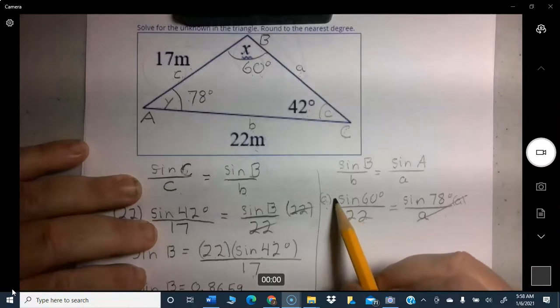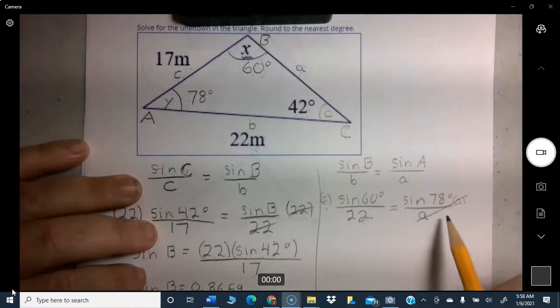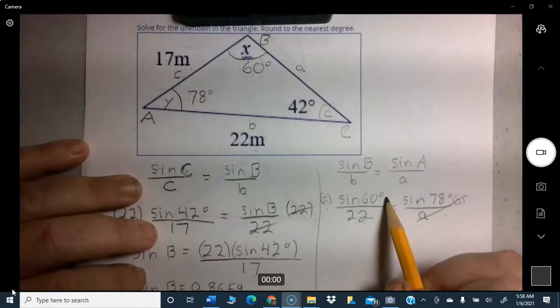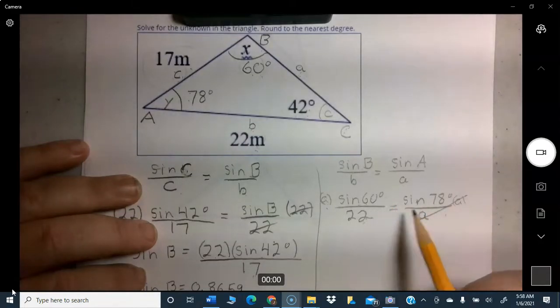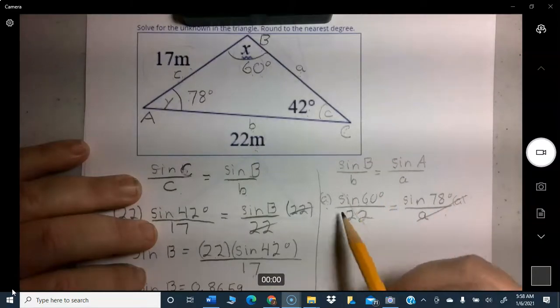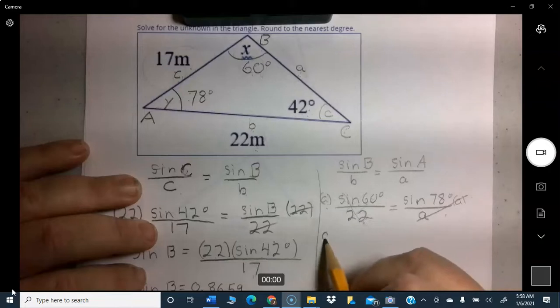So I'm going to say A, this side divided by sine of 60, this side divided by sine of 60. This side multiplied by 22. And then you multiply this side by 22. So the sine 60 and the 22 end up canceling out on this side, and you end up with this.